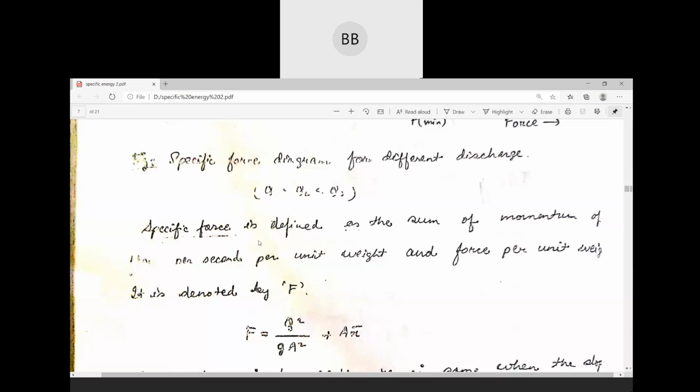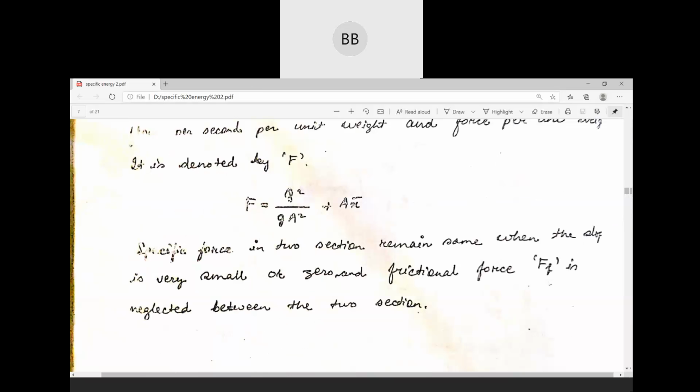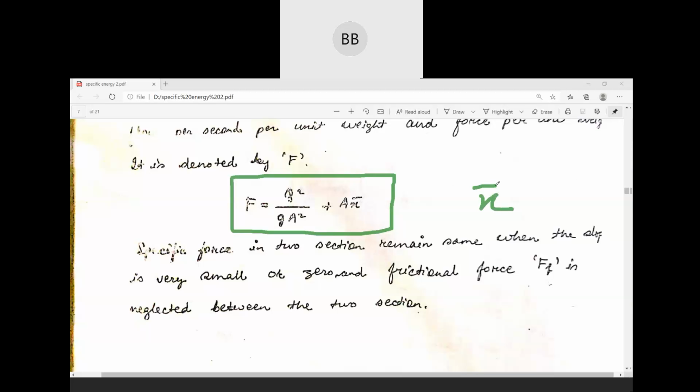It is denoted by capital F, and you can write down this expression: F is equal to Q square by gA plus A X bar. It's A X bar.